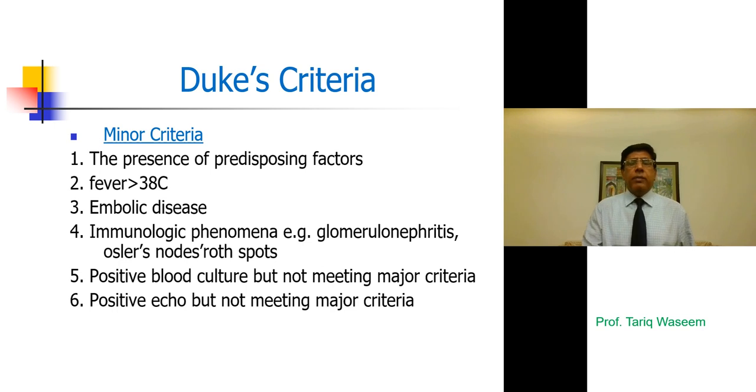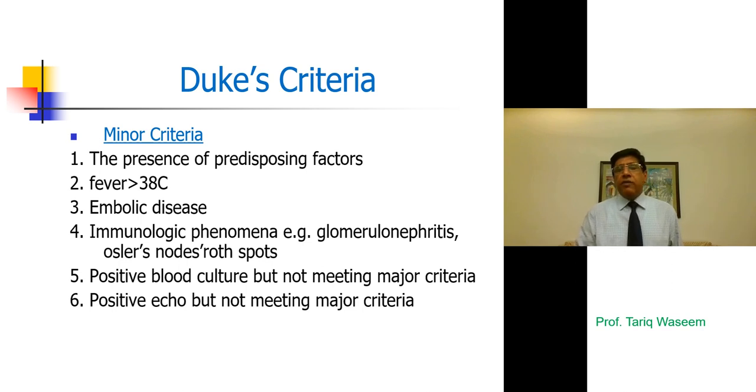They may involve the kidney and cause glomerulonephritis, and the patient may have overt hematuria, or maybe microscopic hematuria. Similarly, there may be tender nodules over the fingertips, which are called Osler nodes, or vascular involvement of the small vessels in the retina in the form of Roth spots.